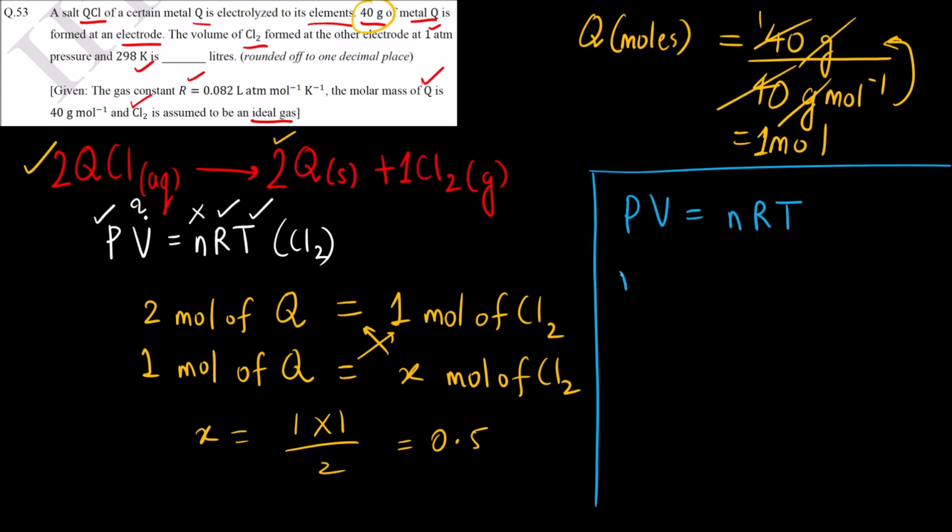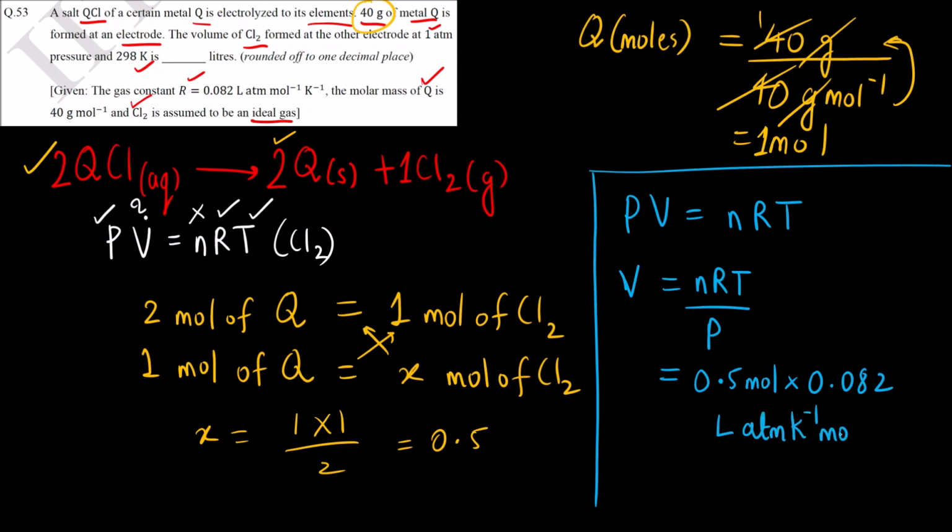What we have to calculate is the volume, so V is equal to nRT by P. n is the number of moles that we calculated just now, that is 0.5 mole, multiplied by the value of R given, 0.082 liter atmosphere per Kelvin per mole, into temperature, 298 Kelvin, divided by pressure, that is 1 atmosphere.